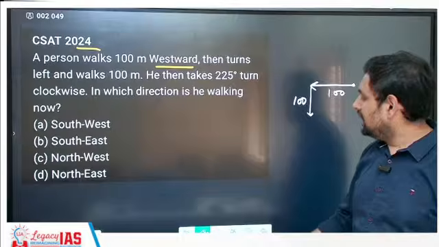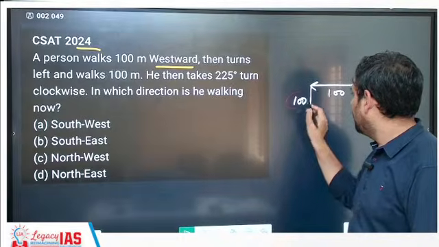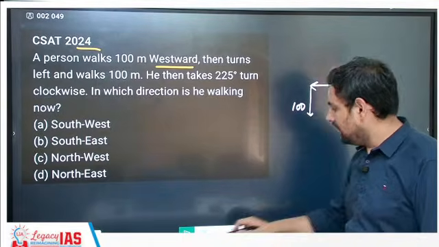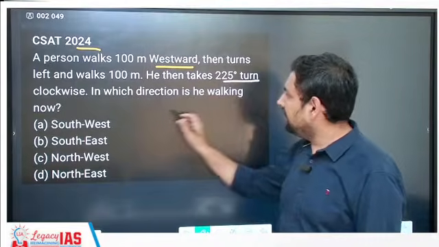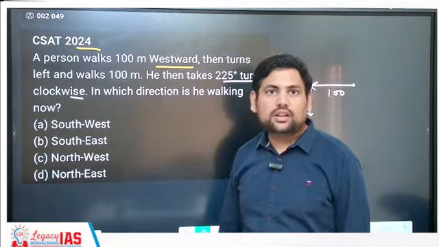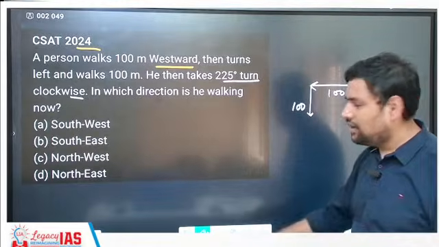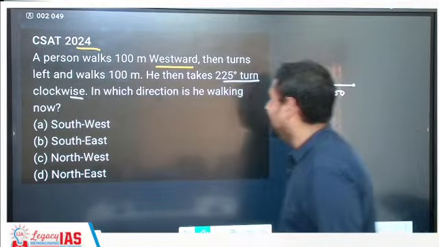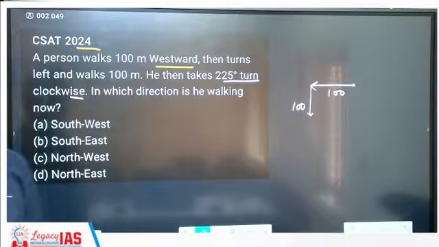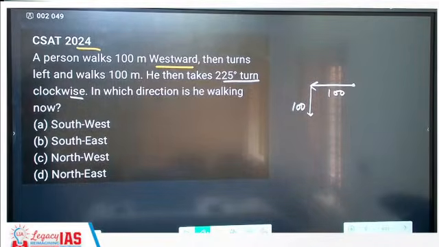Now it says he then takes a 225-degree clockwise turn. What will a 225-degree clockwise turn look like from here?